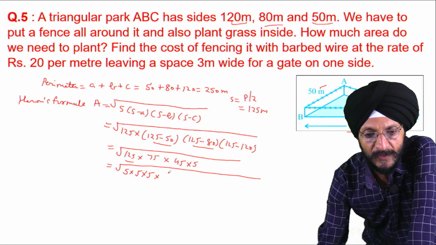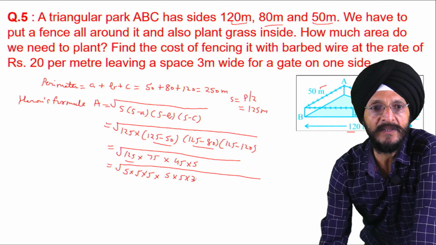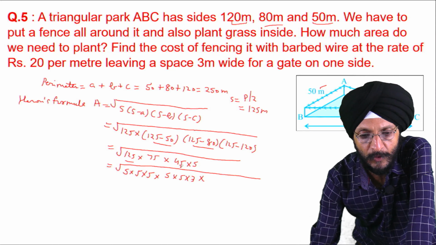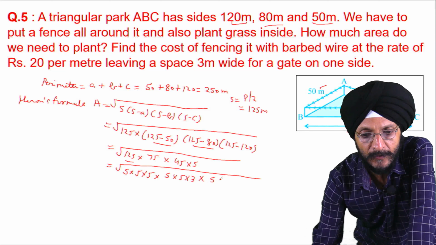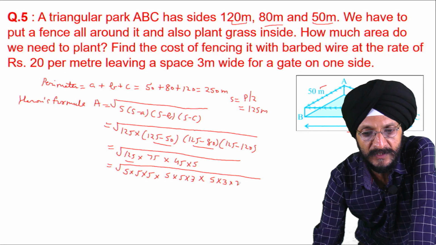Now this is the prime factorization of 75. Now 45. This is the prime factorization of 45.